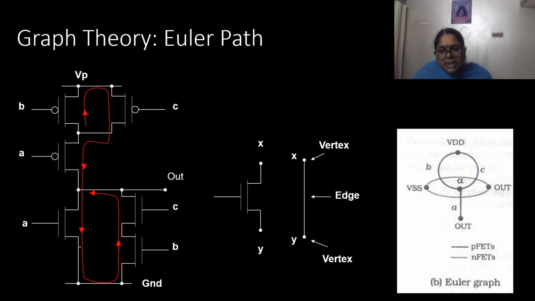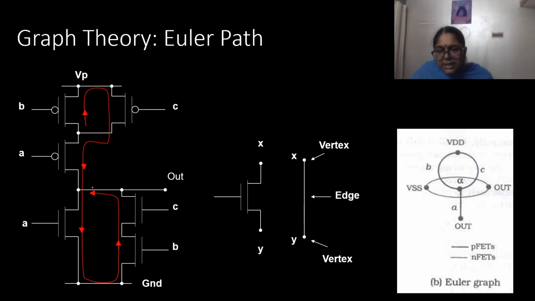When you start from a particular location, if you have a path without breaking, where the path does not have to pass through a transistor more than one time, then we can say that a common N diffusion or common P diffusion can be used in the stick diagram or the mask layout, and the circuitry can be drawn.